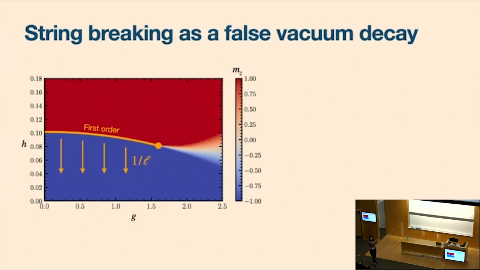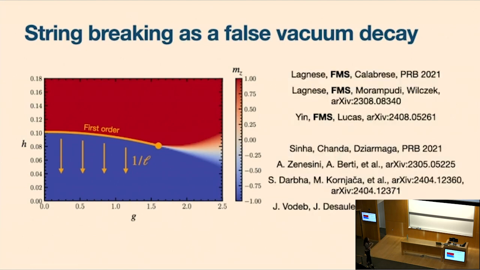And so this means that as you go across this first order phase transition, if you started from the ground state, you end up in a metastable state. And it is known that for this metastable state, you expect essentially a decay. This is the false vacuum decay. We studied this in this paper some time ago, and also there's been a lot of recent progress in the field. I guess you will hear about some of this later this afternoon.